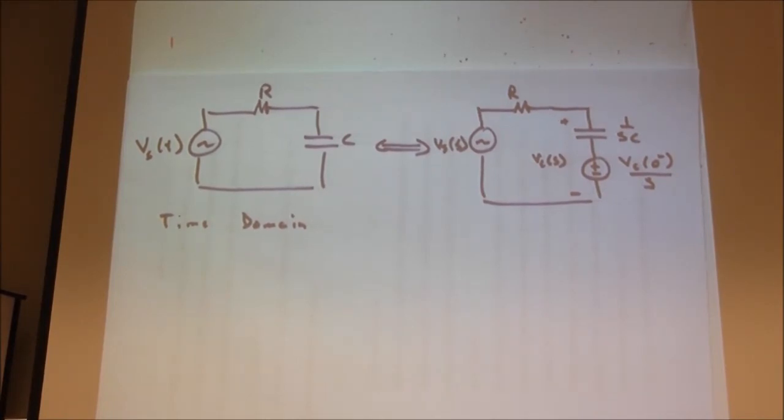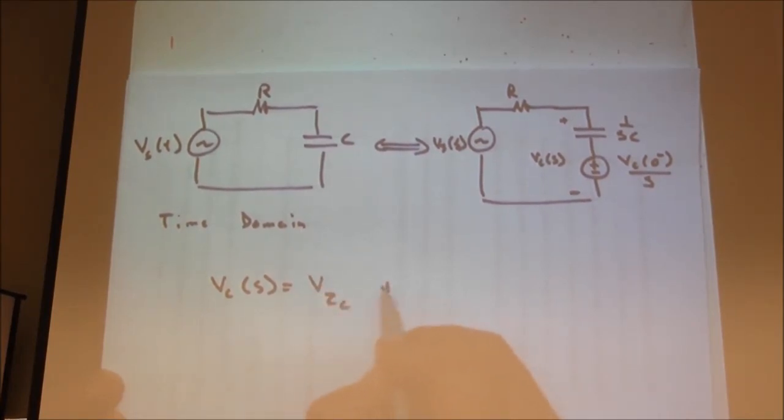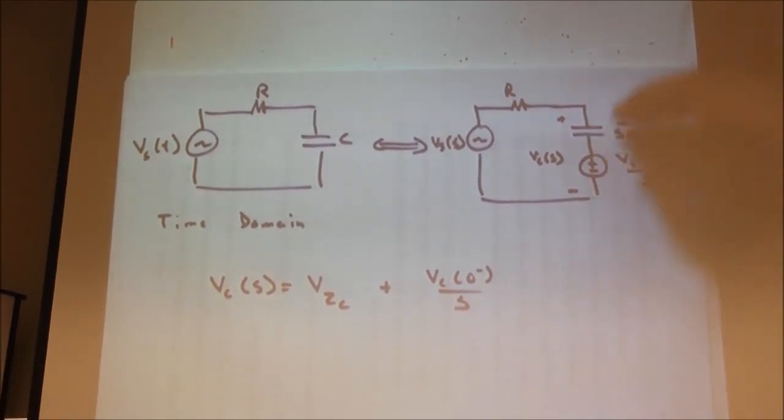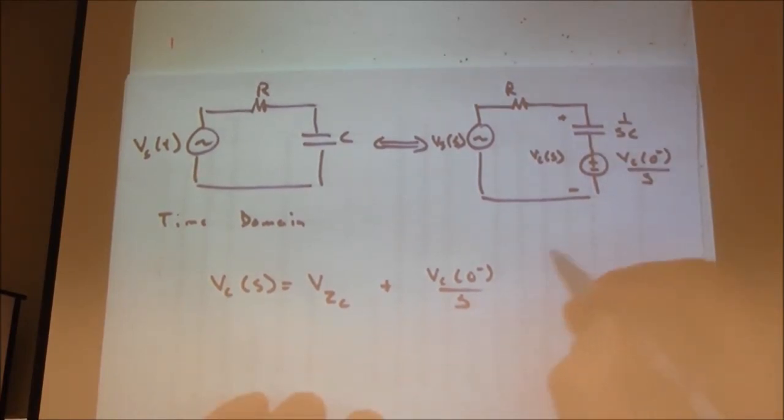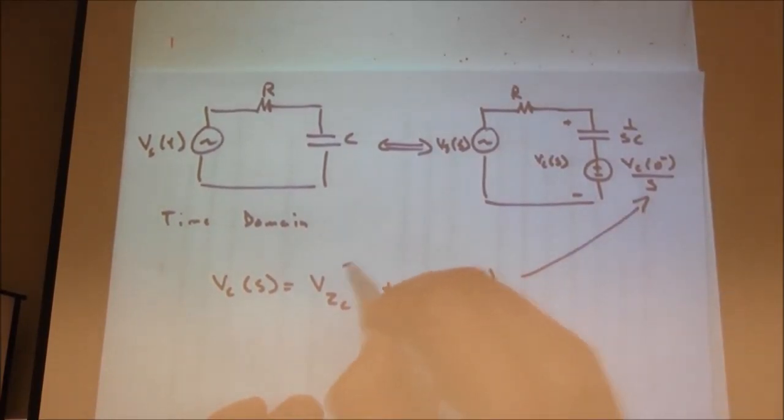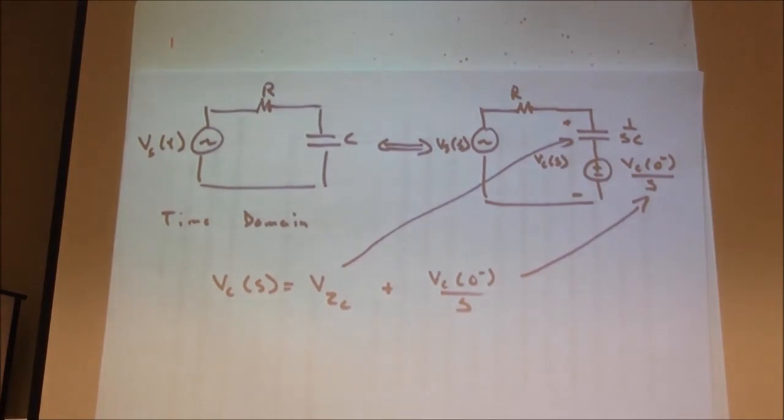In an analysis concept, how do we find this? So we can say VC of S equals voltage across ZC plus VC 0 minus over S, right? It's just a way of writing it. It's the voltage across this component plus the voltage across that component. I'm just calling that VZC.